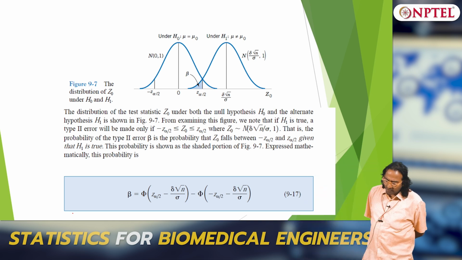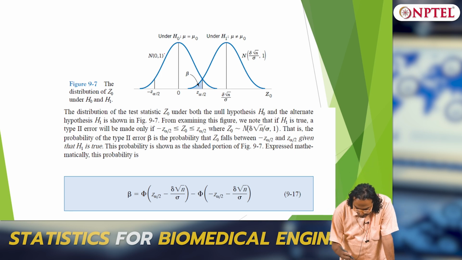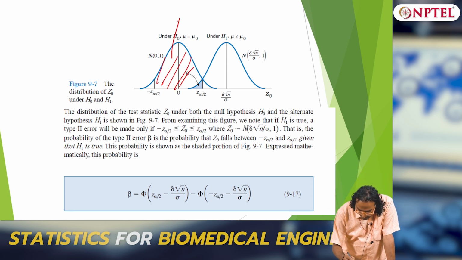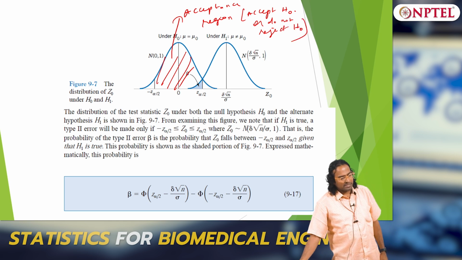So minus Z alpha by 2 to plus Z alpha by 2 is my acceptance region. This is where I will accept the null hypothesis. Accept H naught or do not reject H naught. Clear? That is my acceptance region.